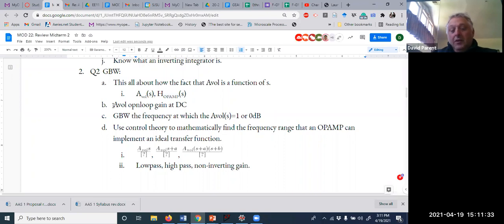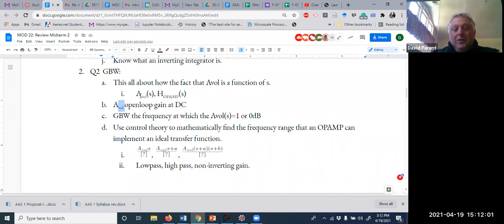Some things to know: the open loop gain, the AVL term that you would see on a data sheet. Even though open loop gain is a function of S, the reason I use H of S is that this term is the open loop DC gain, when S equals 0 or frequency equals 0.